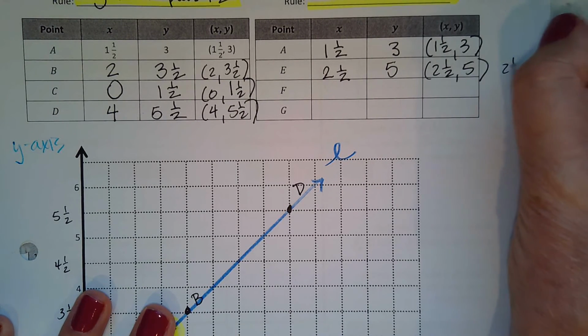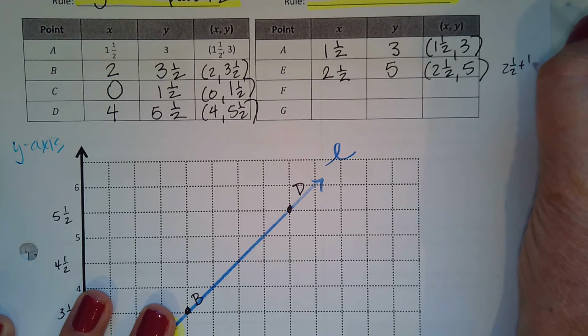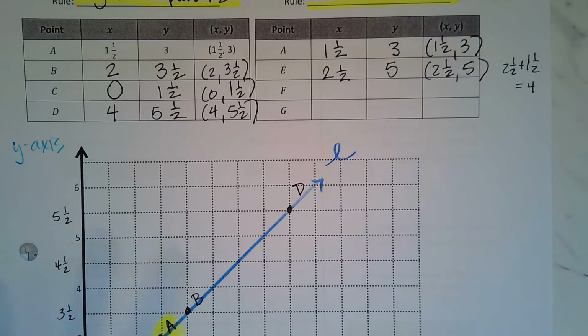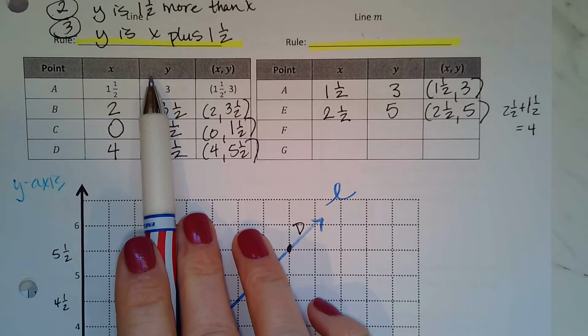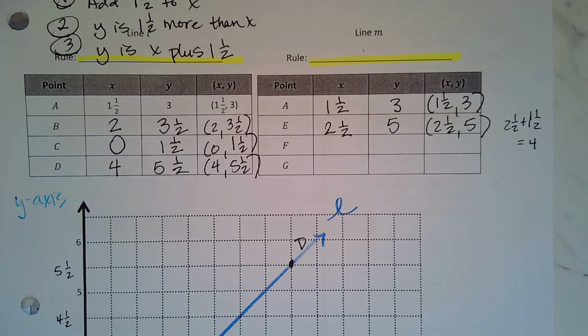No, 2.5 plus 1.5 equals 4. So we know it's not going to be the exact same rule. So what did they do? In both coordinate pairs, the y coordinate is twice as much as the x coordinate.